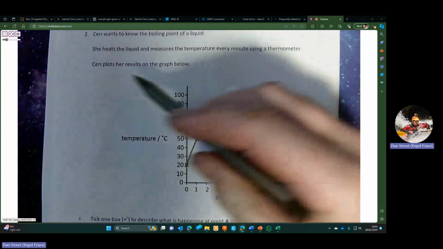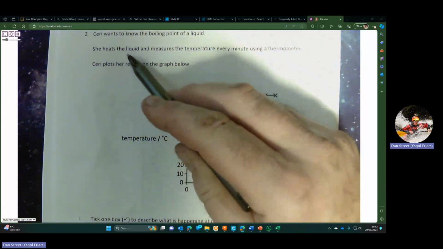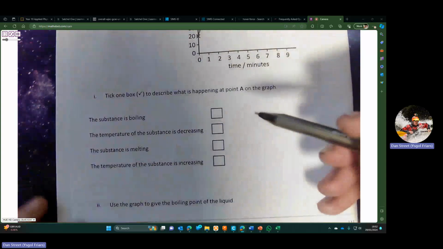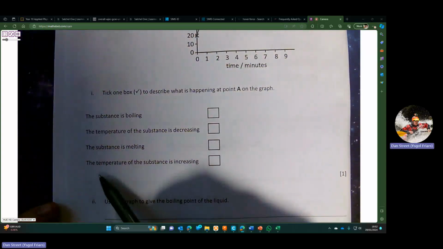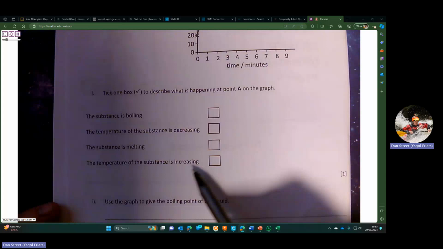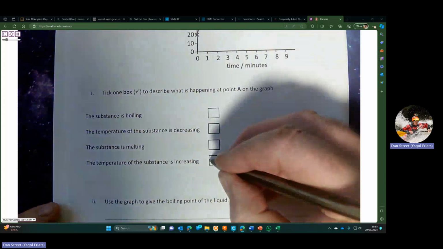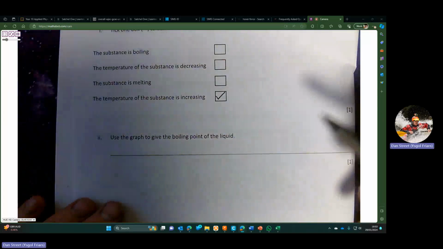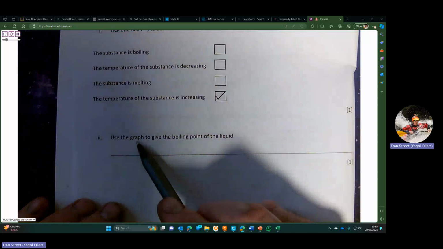And we know from the introduction here that she's heating a liquid. Okay, so the correct answer is the temperature of the substance is increasing. The temperature of the substance is increasing. There is no boiling going on, simply temperature increasing.